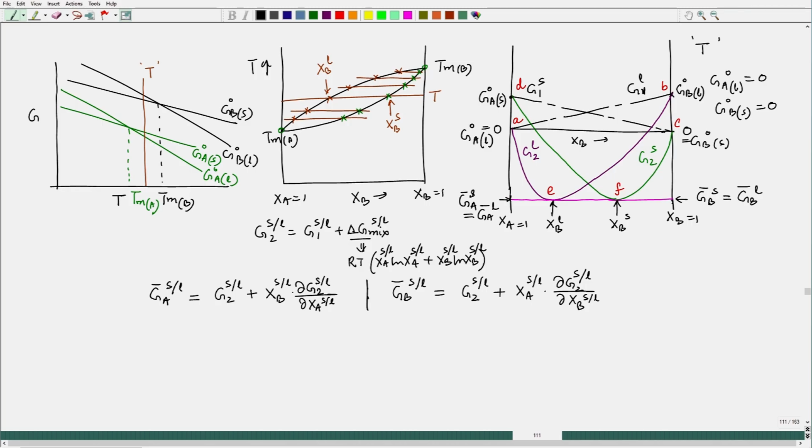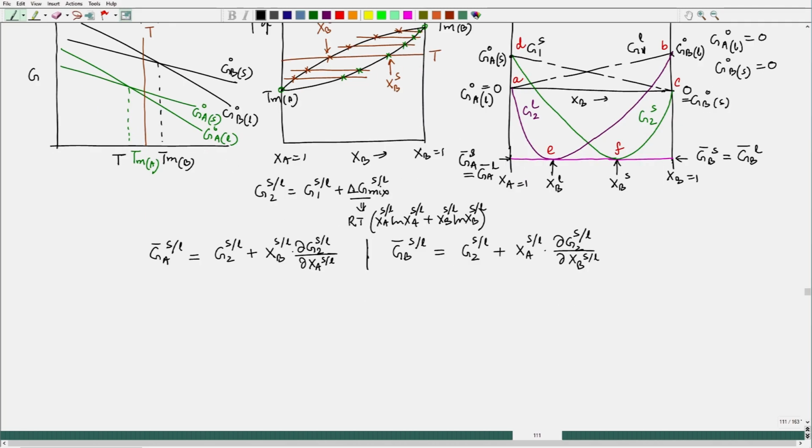So these 4 formulas will be used, one for solid and another for liquid, for A, and similarly for B. Now let us also get the G1 liquid as well as G1 solid equation at any composition.